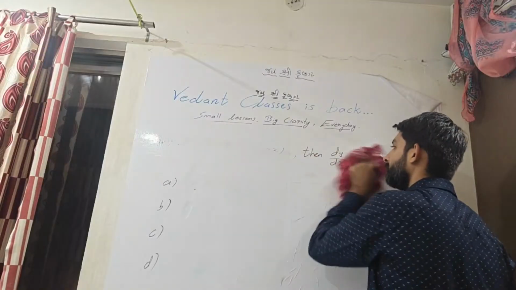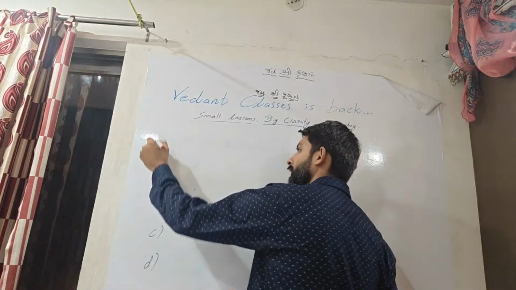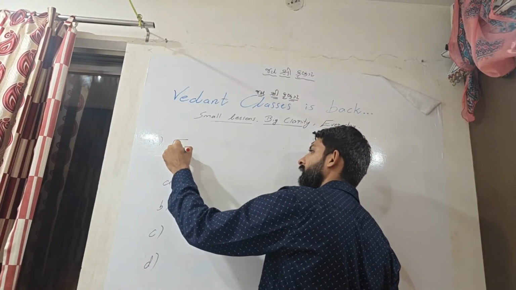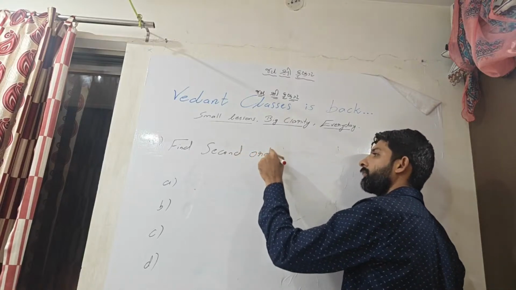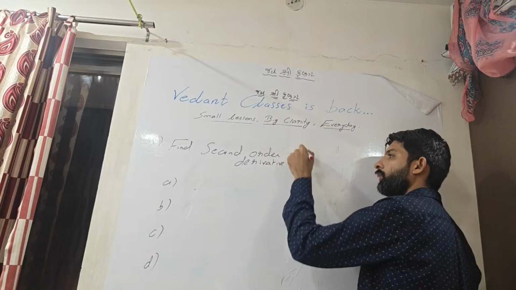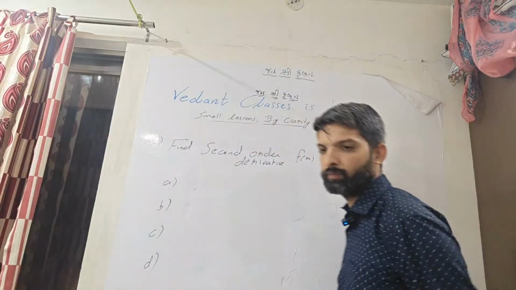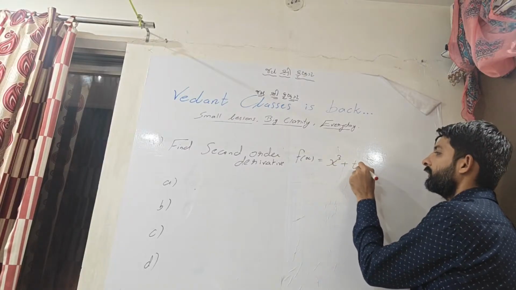Let's see the next one. Find second order derivative for the function x cube plus tan x.